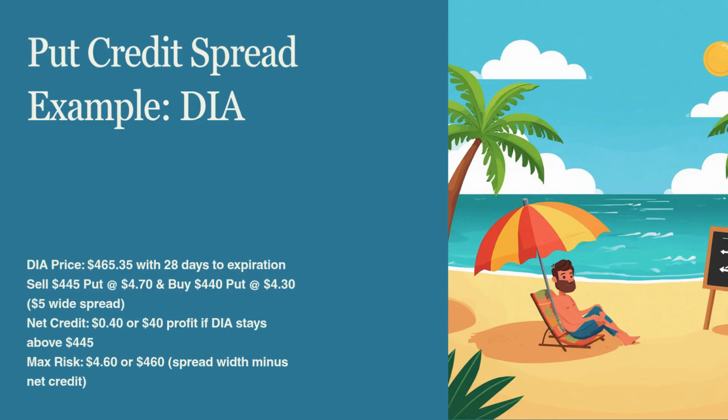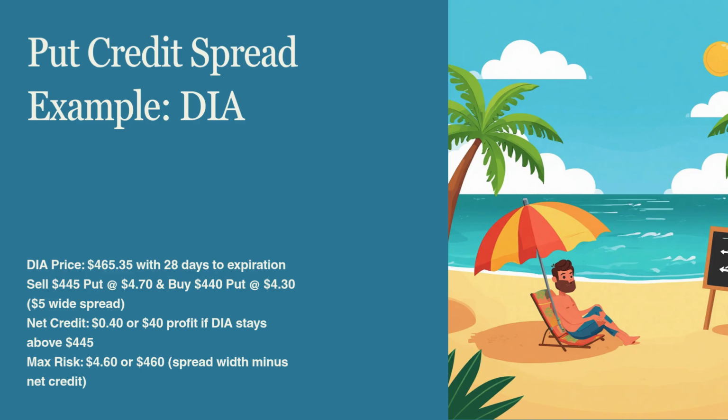A typical trade would be selling the 445 put, which is about a 5% spread between the current price and the strike price. So this would be equivalent to the 15 delta that we're looking for. You sell that for $4.70, and then you buy the 440 put for $4.30.